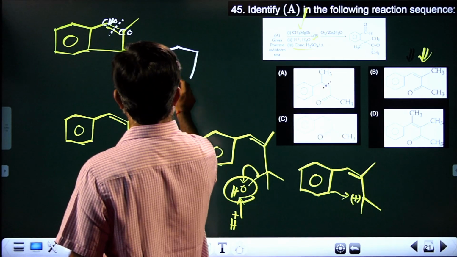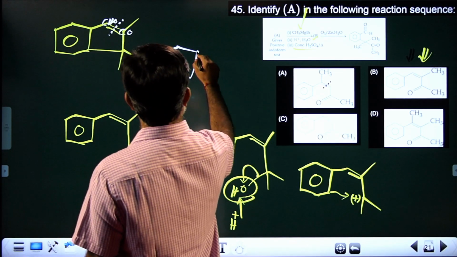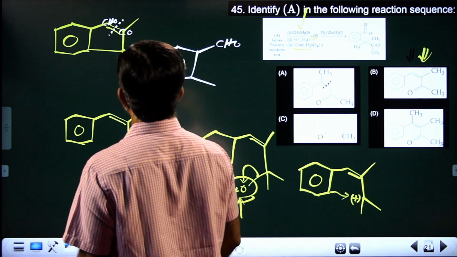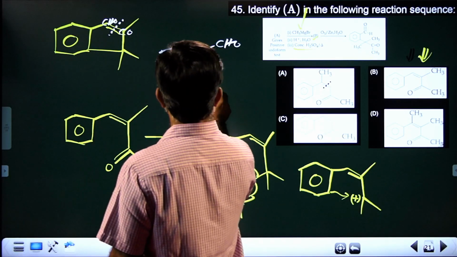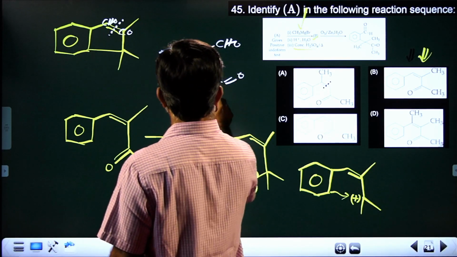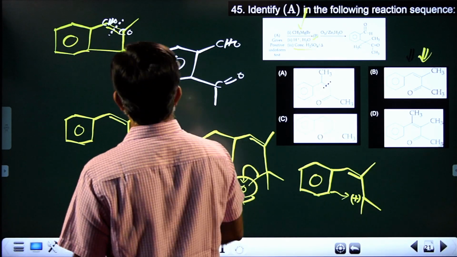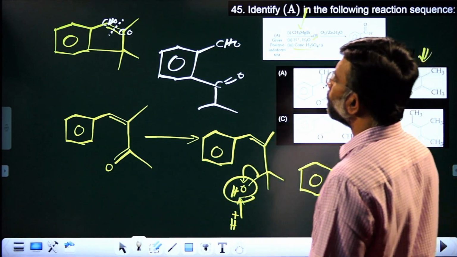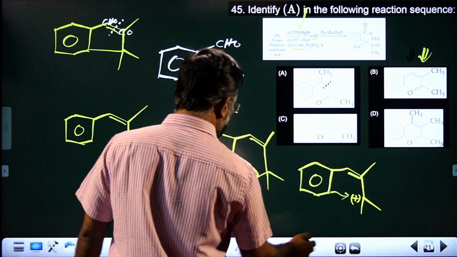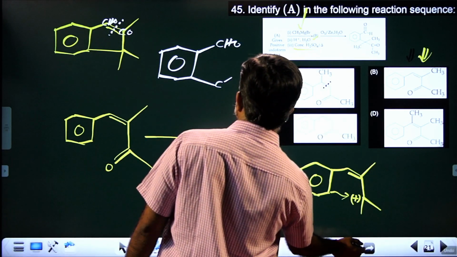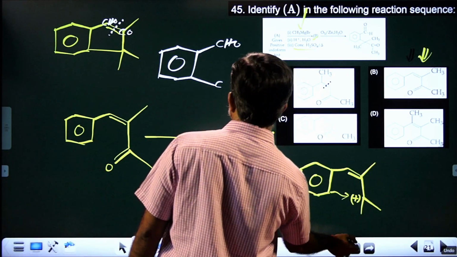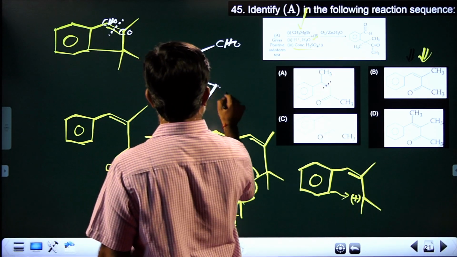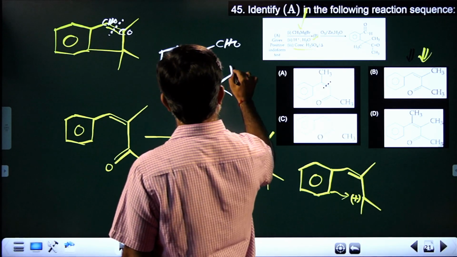So let us examine the final compound given in the question. It is CHO here. And here there is a keto group. This contains a 2-methyl group, and then there is a keto group.